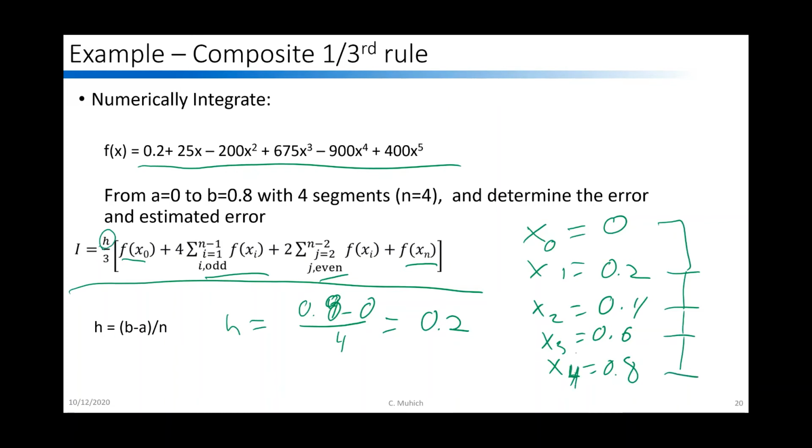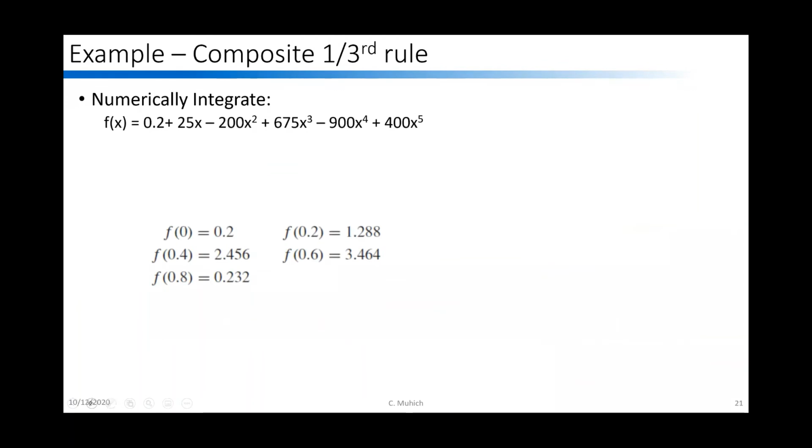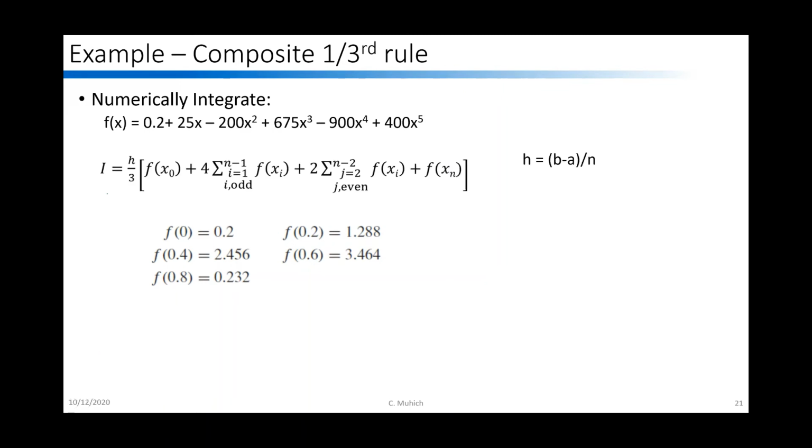It requires an odd number of data points. I need that odd number of data points in order to fully fit all of my different segments. Okay, so I can now take those x's that we had talked about before and plug them into my formula.